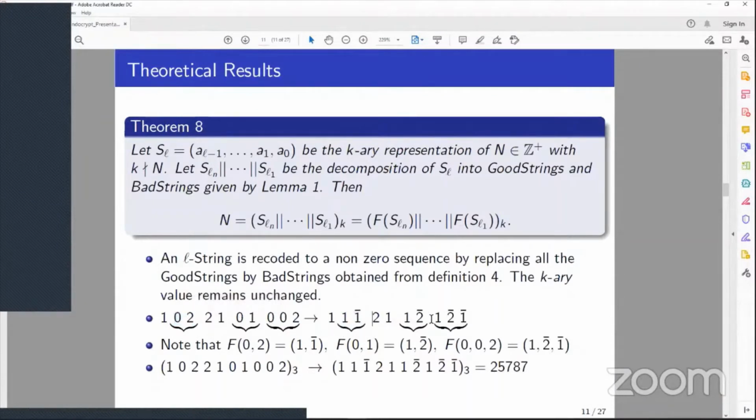For 0, 1, I replace it with 1 and -2, and these are defined by the functions. After we recode them, the value remains unchanged. But in this case, since these strings, the 01s and 002s, may have different lengths, it's still not regular.